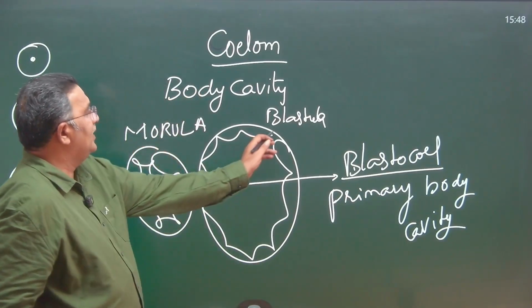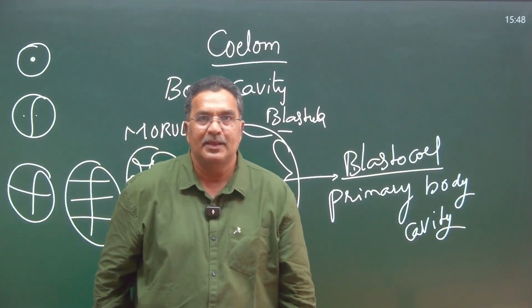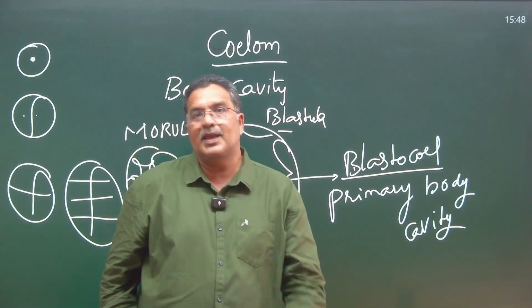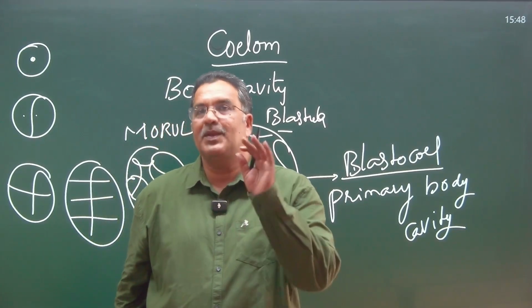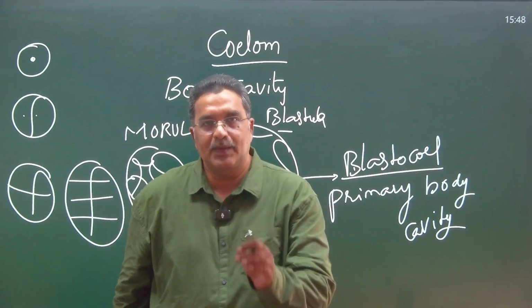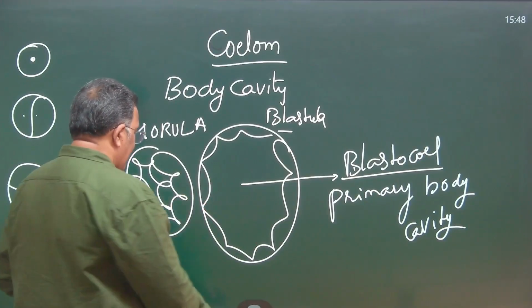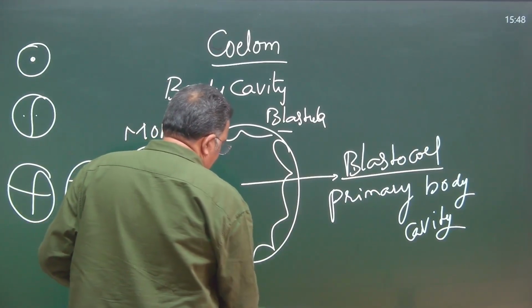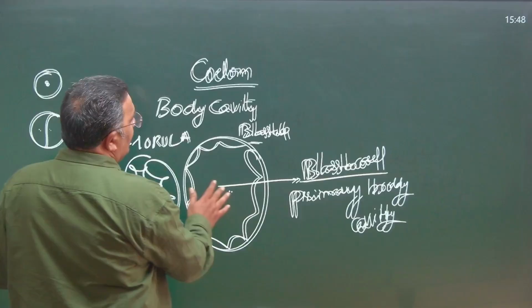Appeared in the blastula, hence you can call it blastocoel. Primary body cavity cannot be the body cavity of an adult, but during embryonic development, during the process of development, a cavity appeared for the first time. That cavity we are calling the primary body cavity.